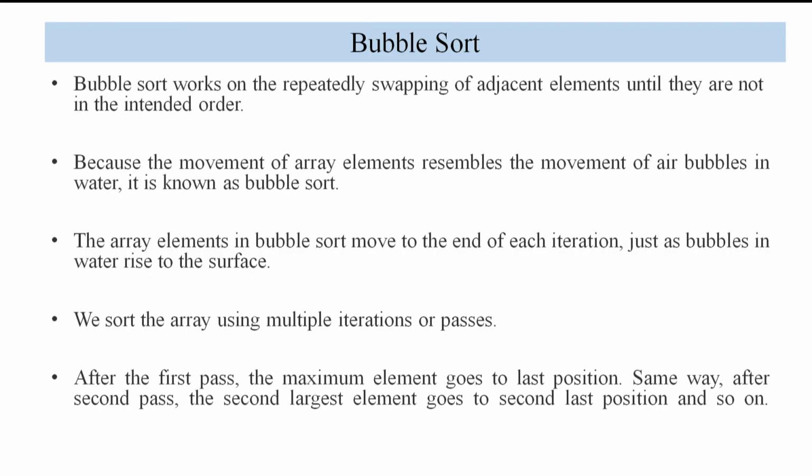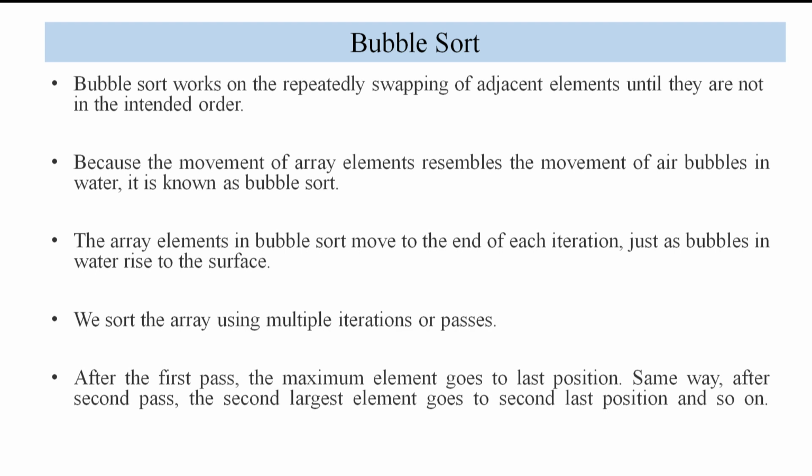In bubble sort, basically this sorting method works on repeatedly swapping adjacent elements until the list of elements is arranged in some intended order, whether in increasing order if we want or in decreasing order.